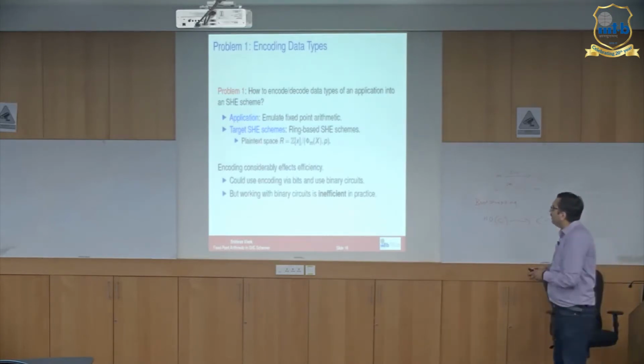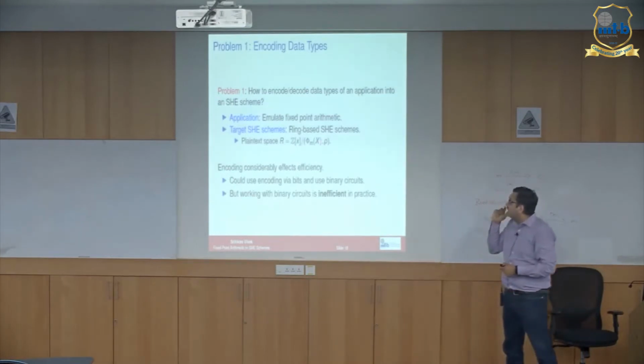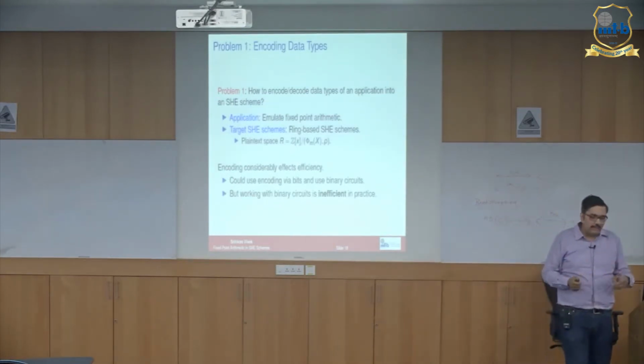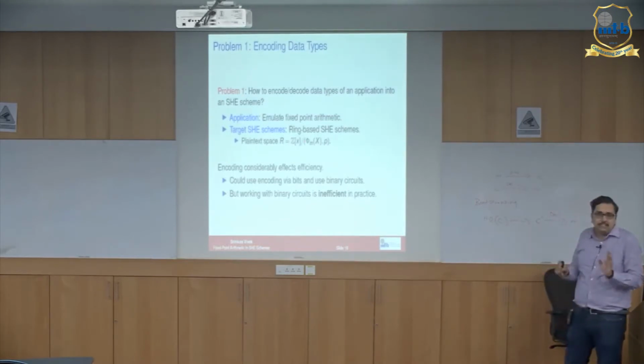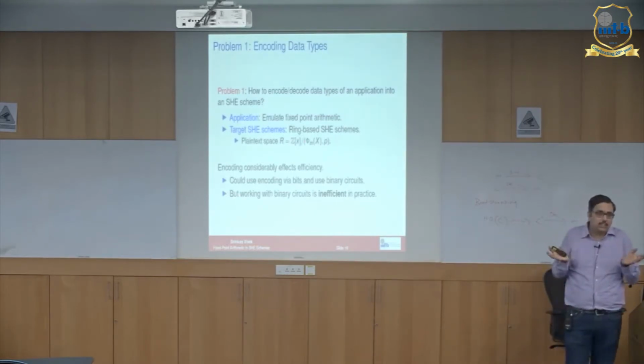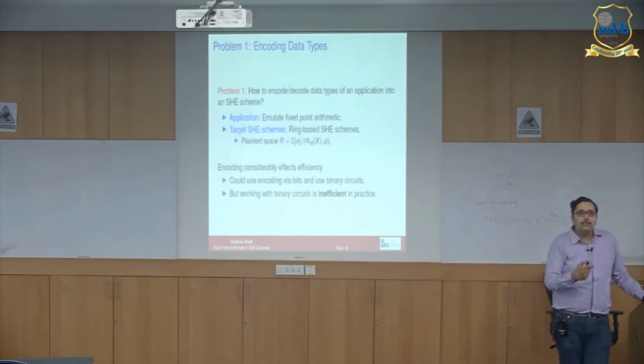Now the problem here is, why do we want to choose this plain text space like this? It's a design constraint. That's how the schemes are designed, for some security reason. Okay, we have to do this. Let me give you a very simple example. Suppose you want to perform addition 7 plus 2, but I say that you can only do modular addition.